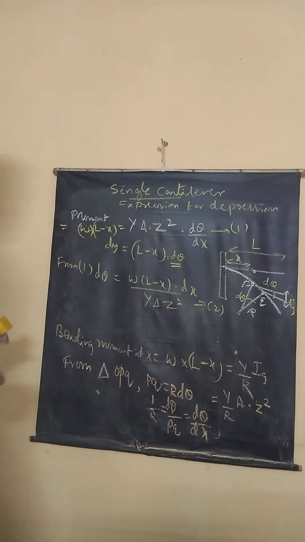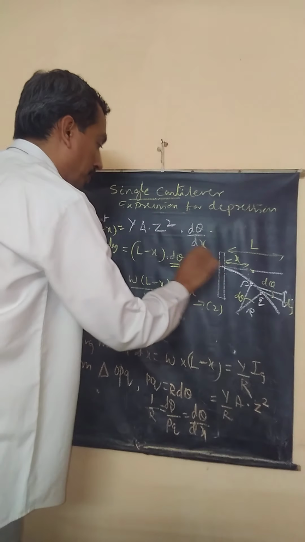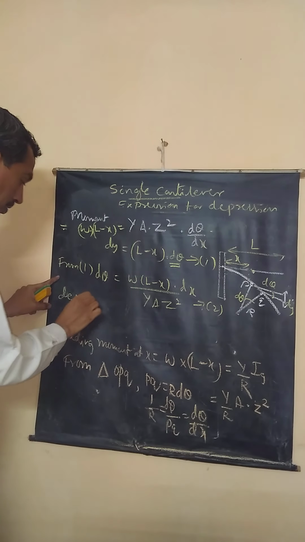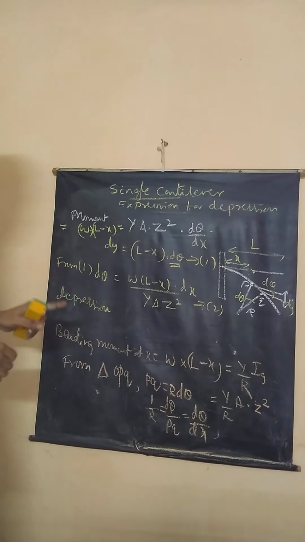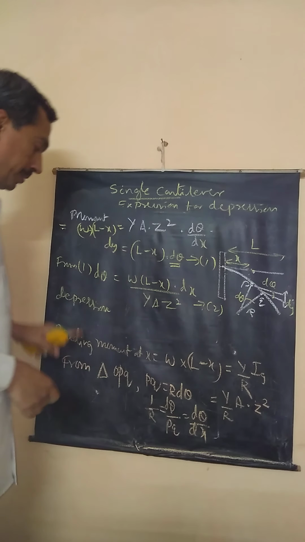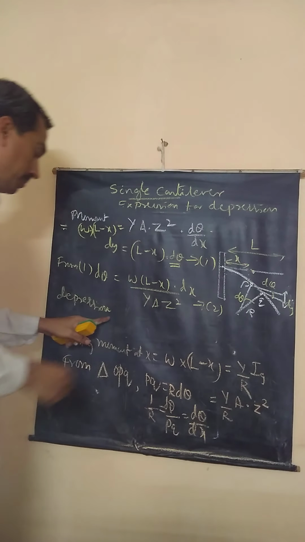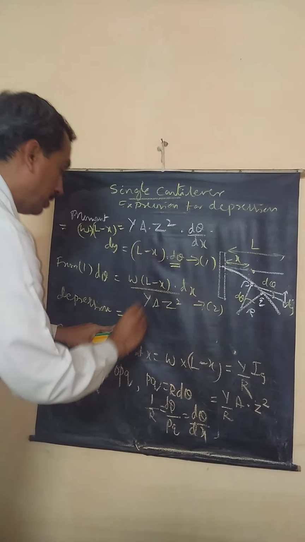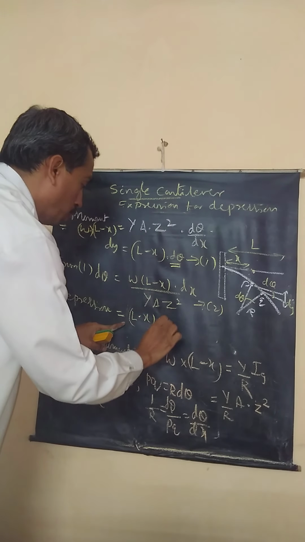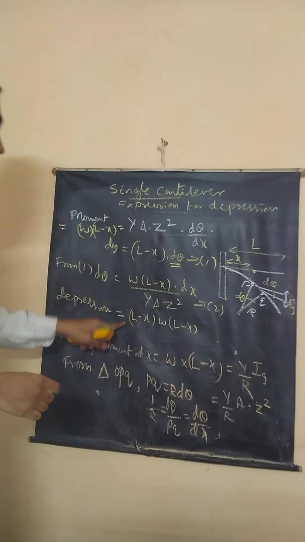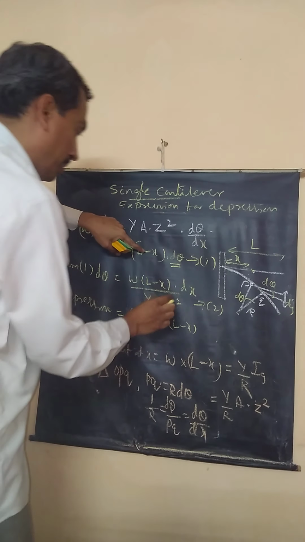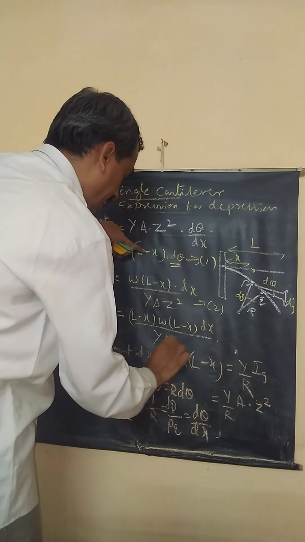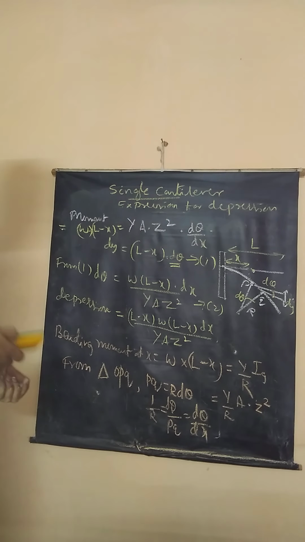Therefore, the depression due to load omega at point P is now L minus x into omega into L minus x, that is L minus x into d theta. So d theta is this, dx by Y A z square.